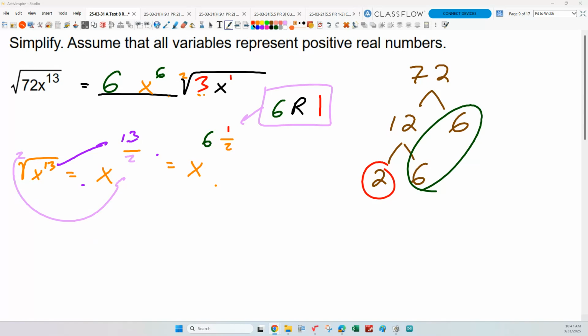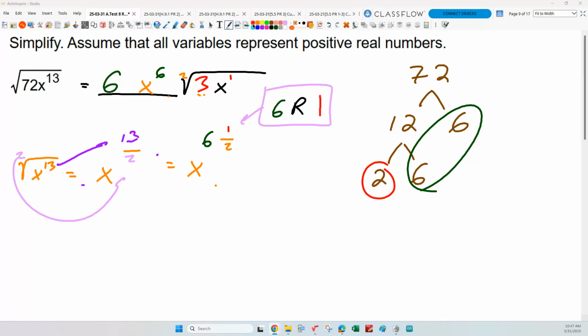But when we took that 13 halves, we have the fractional exponent for that variable. When we write that as a mixed number, you guys told me it was 6R1. The 6 is the outside power of the variable. The remainder is the inside power of the variable. Right? Okay? And so that's our final answer right there.